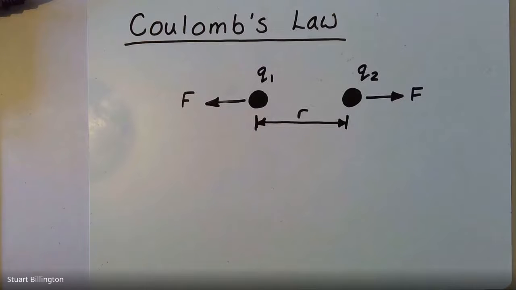The diagram in front of you represents two spherical objects, which can be actually spherical objects, or point-like objects if you prefer, but two objects that have a net amount of electric charge on them. The object on the left has an amount of charge Q1, and the object on the right has an electric charge Q2. This is a perfectly good experiment that can be conducted. Then you can place them a distance apart from each other.